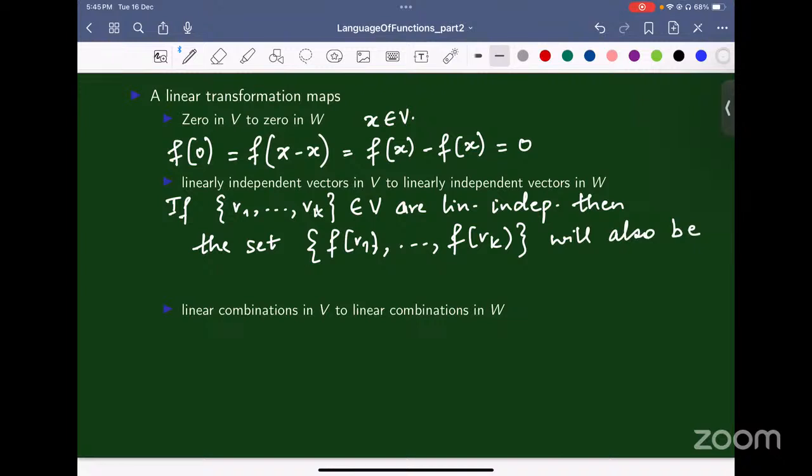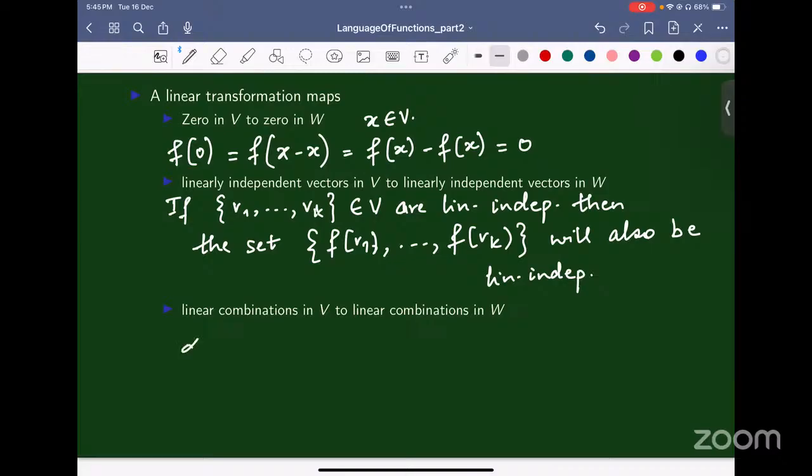So a linear transformation takes linearly independent sets to linearly independent sets.